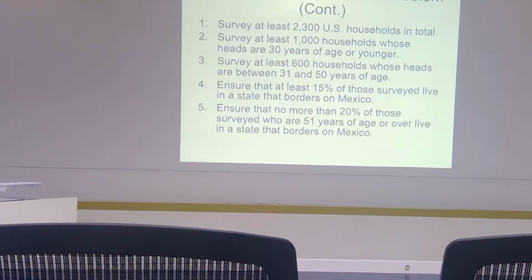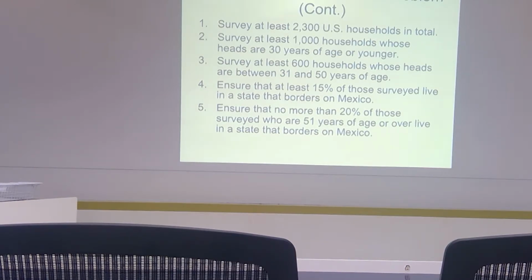So these are the requirements that the company needs to fulfill when they do the questionnaire survey. First one is to survey at least 2,200 US households in total. Second one, survey at least 1,000 households whose heads are 30 years of age or younger.